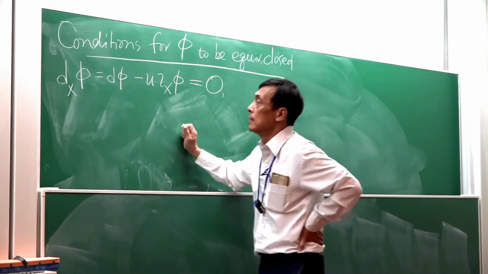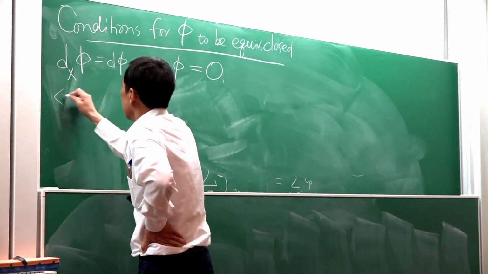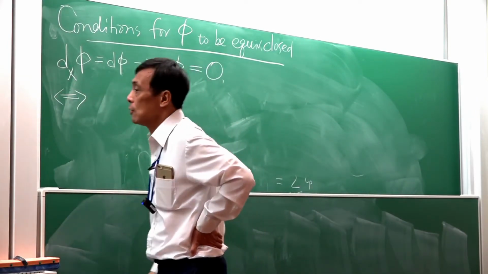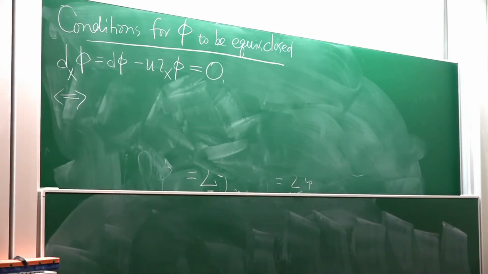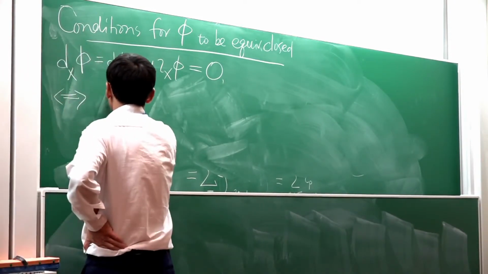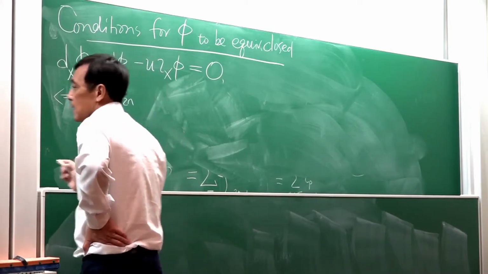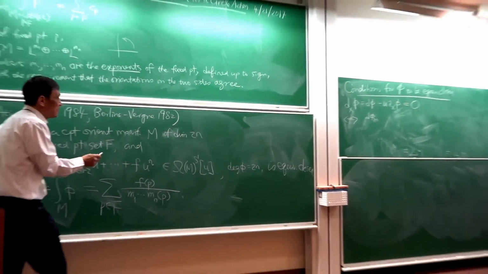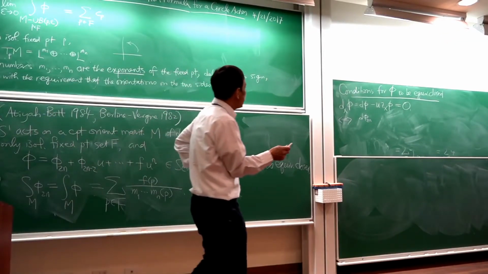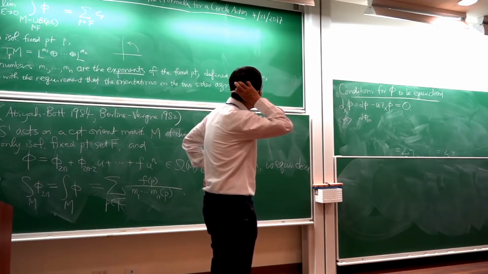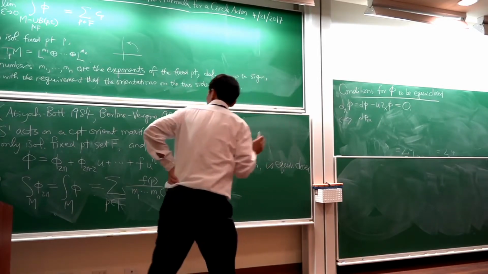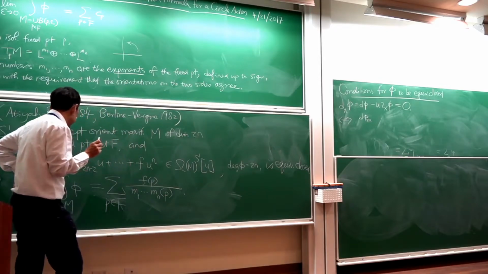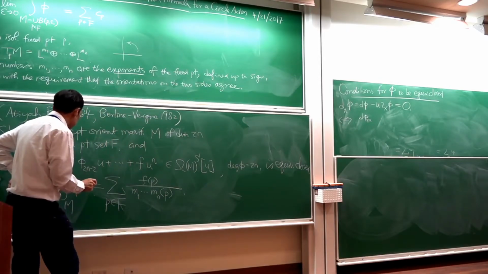Okay? And then what that says is, if you take d of phi 2n, you take d of every term. Now remember, d of u is 0.